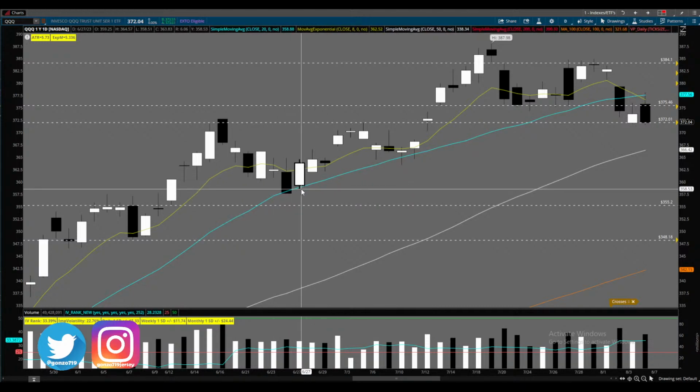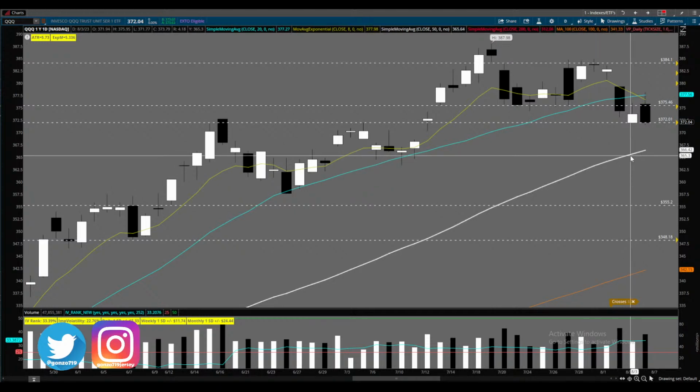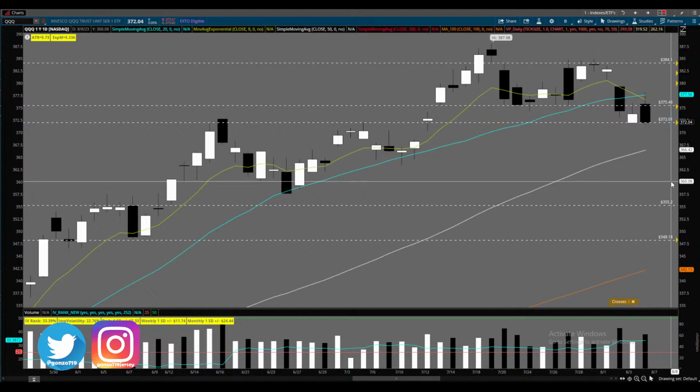And I put on what's called a put ratio, but I made it a broken wing butterfly. I know this is an advanced spread, but basically what I'm expecting is 360. That's where I sold my puts, okay? And I bought puts. What did I buy puts at? I don't even remember.